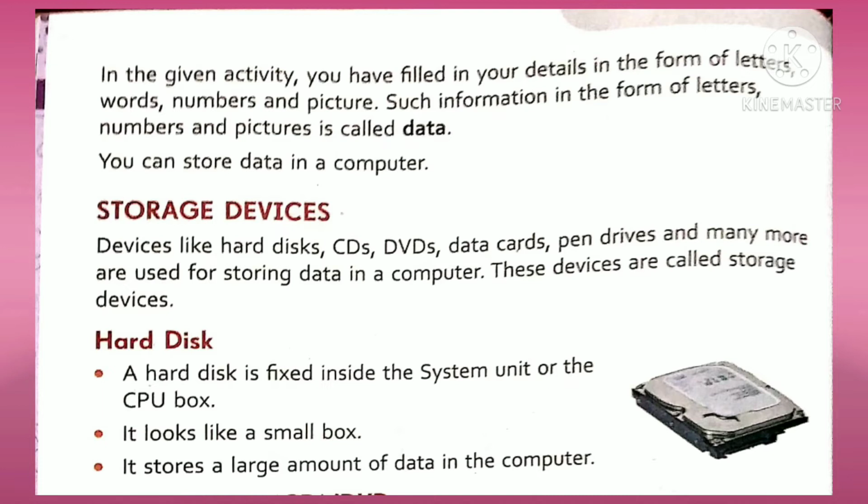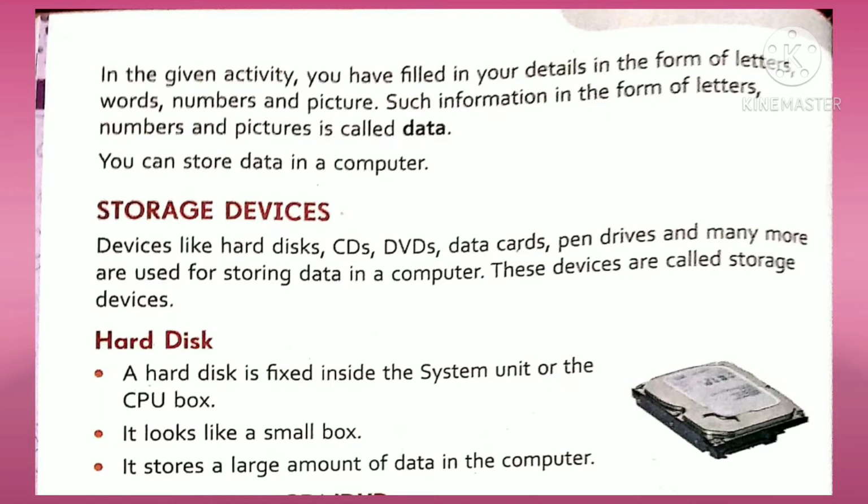That means we know about the hard disk that these hard disks are fixed inside the CPU box to store the data, and it is like a small box. We have seen the small box in different places.